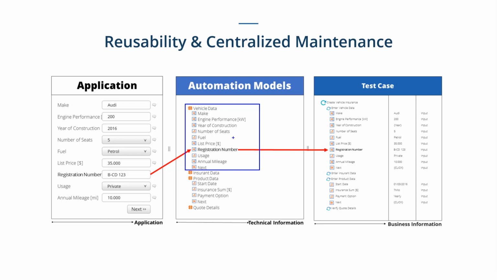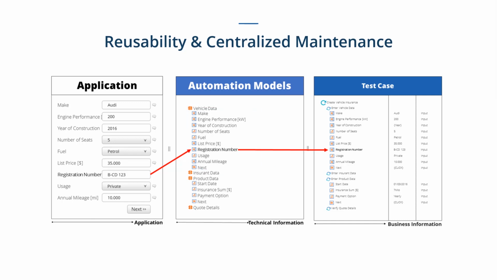Well, then immediately 40 test cases will get updated if you make one change over here. So you have centralized maintenance. So you only need to, let's say you add a control to the page, you only need to change it in the module here, and then the test cases get updated. And they're reusable in that you can drag and drop them into test cases as you need an unlimited number of times. Okay?